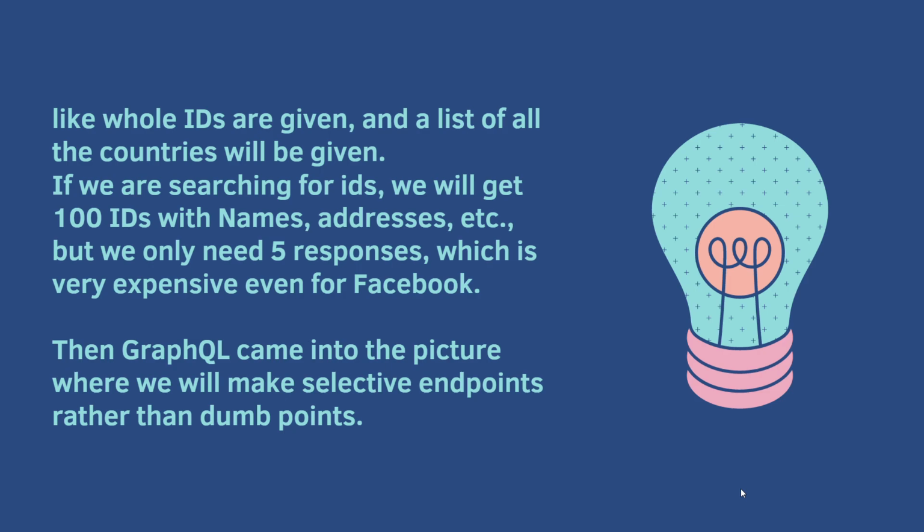If we are searching for IDs, we will get hundreds of IDs with names, addresses, etc., but we only need 5 responses, which is very expensive even for Facebook. So then GraphQL came into the picture, where we make selective endpoints rather than dumb endpoints.